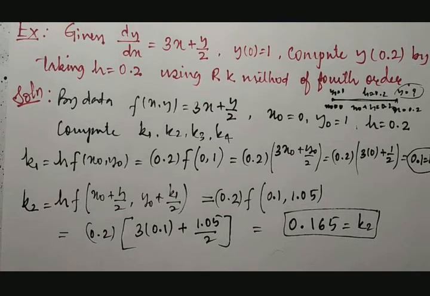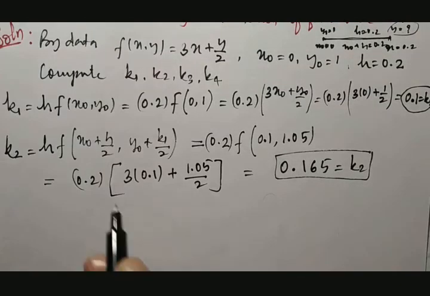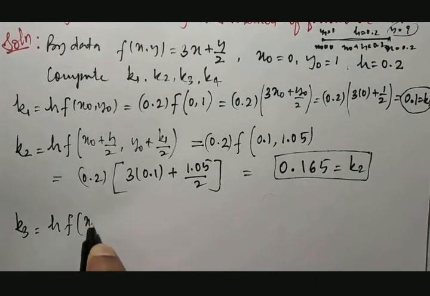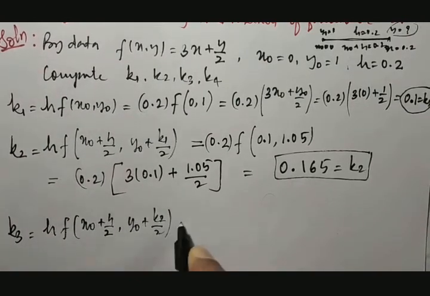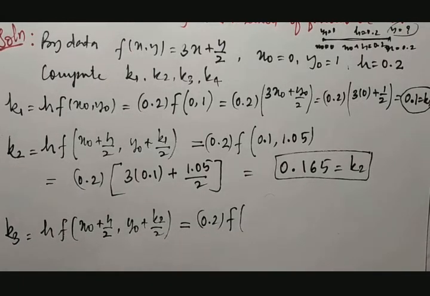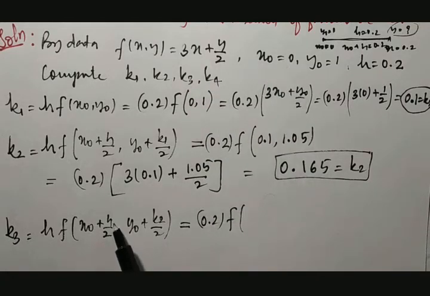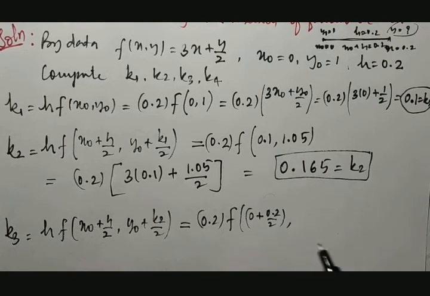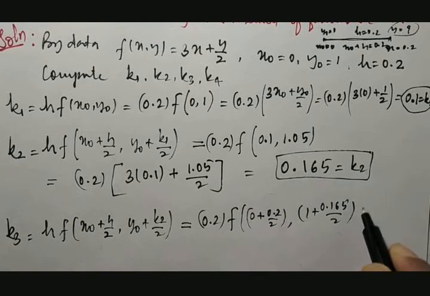Fine. Similarly, K3. What is K3? K3 is equal to h into f of x naught plus h by 2, comma, y naught plus K2 by 2, which is equal to 0.2 into f of 0 plus 0.2 divided by 2, comma, 1 plus K2, which is 0.165 divided by 2.